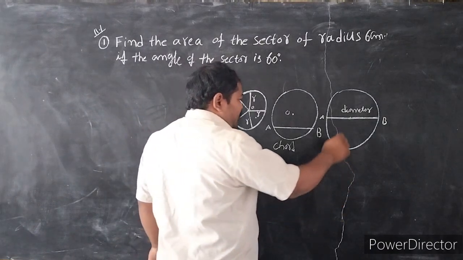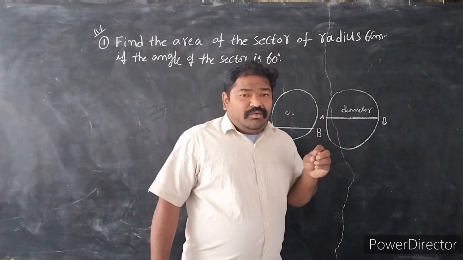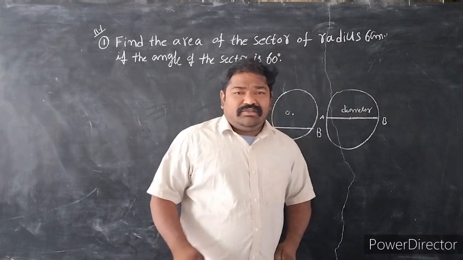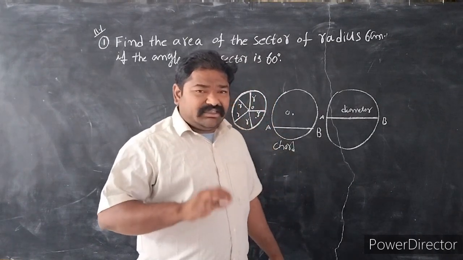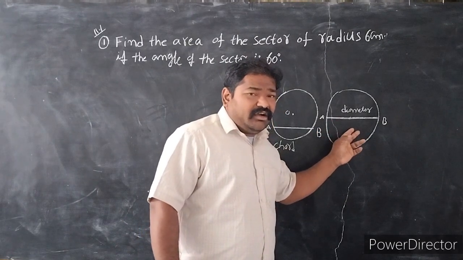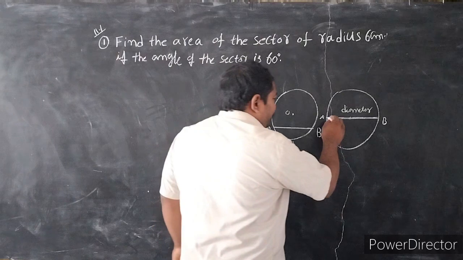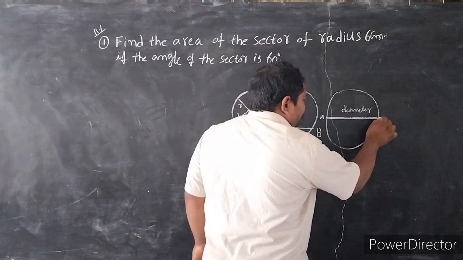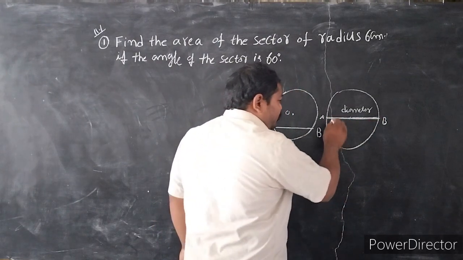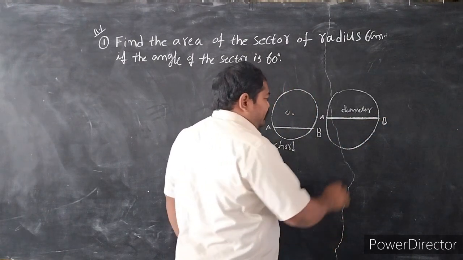Sometimes they may ask like this: what is the name of the chord which passes through the center of the circle? The diameter always passes through the center. The chord which passes through the center is called the diameter.